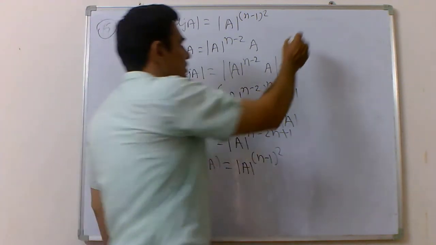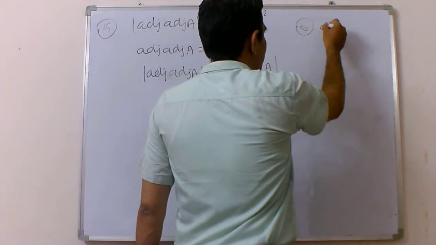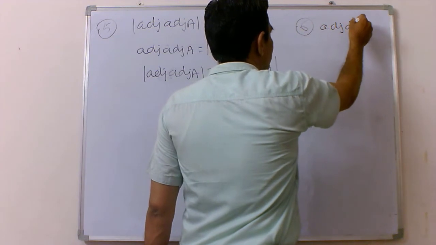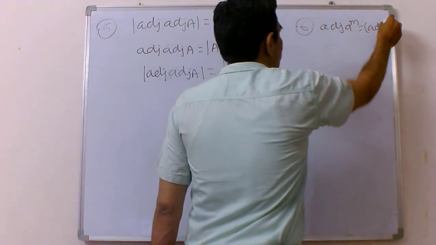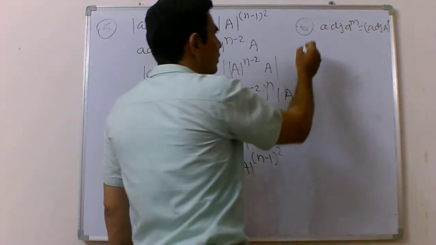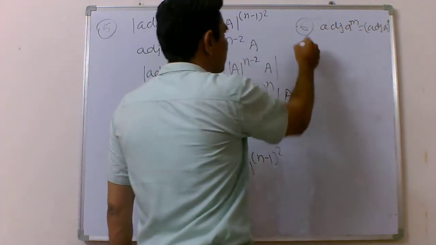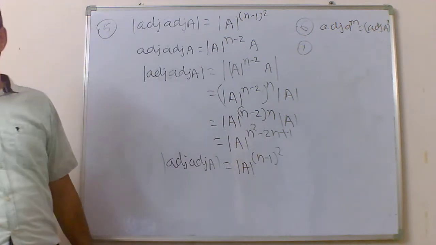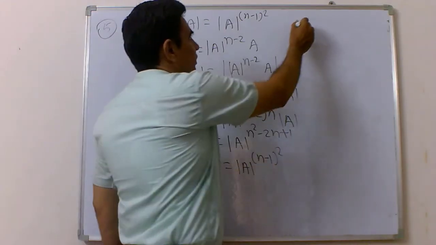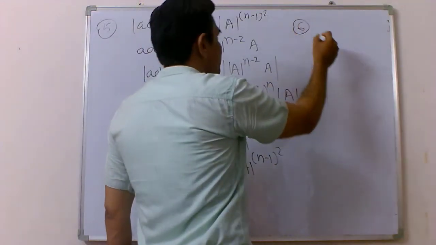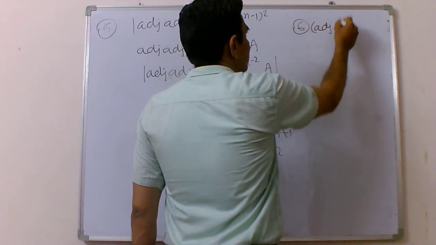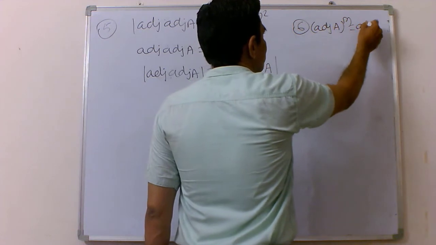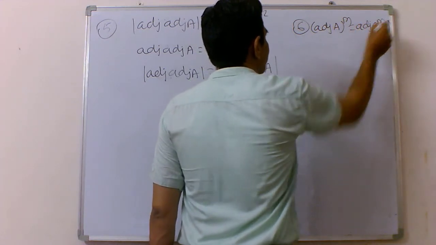Next, property number 6: adjoint of A raised to power m is equal to adjoint of A raised to power m.